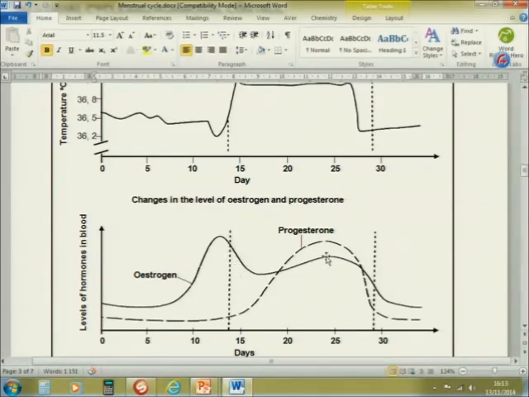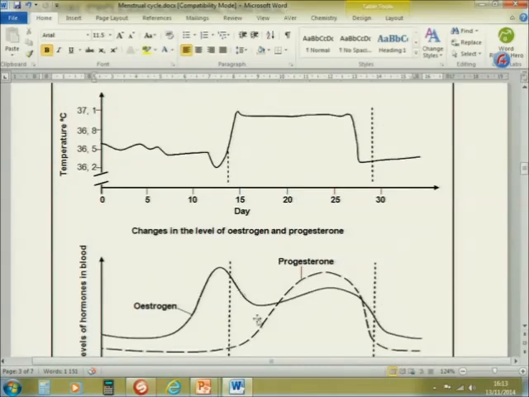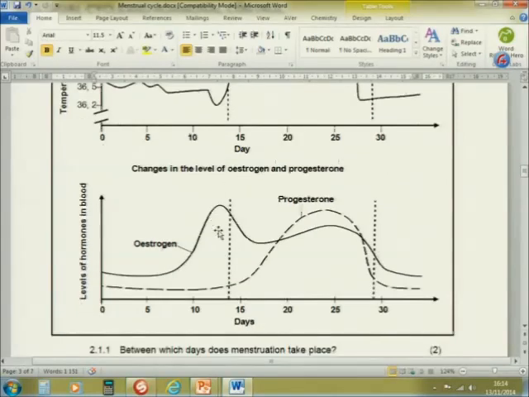The other piece of evidence is that the amount of progesterone has increased immediately after ovulation. The other one, on the first graph, is that the temperature of the person has increased. So those are the 3 pieces of evidence that show that ovulation has taken place.